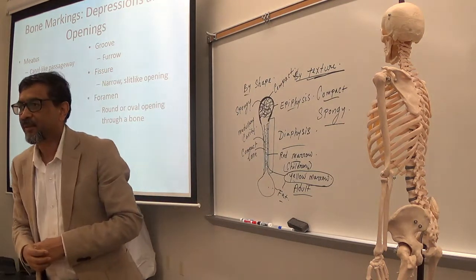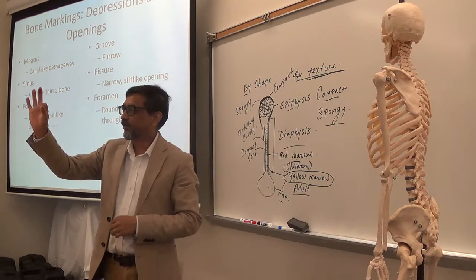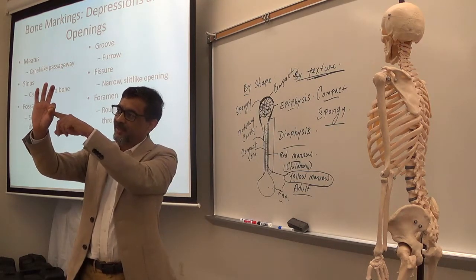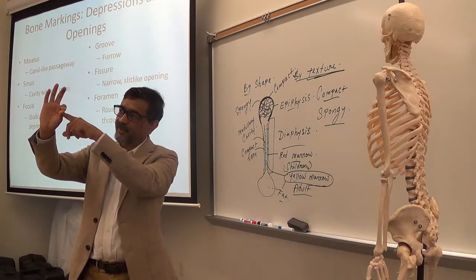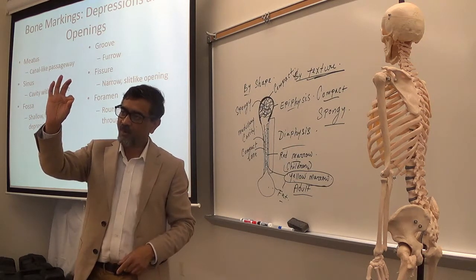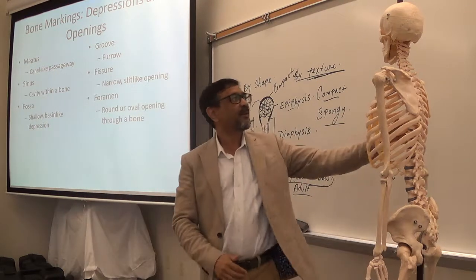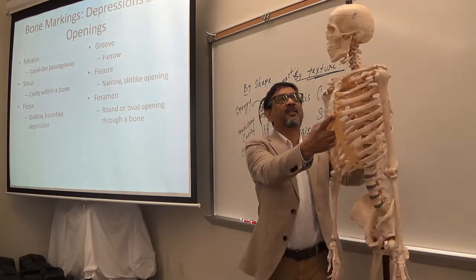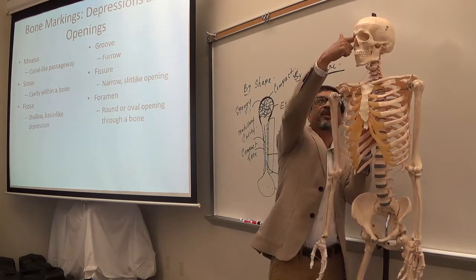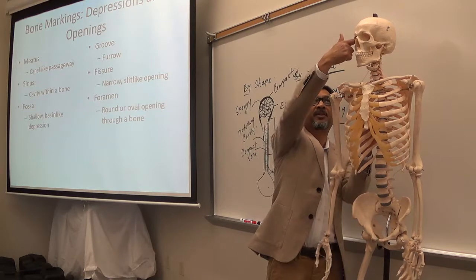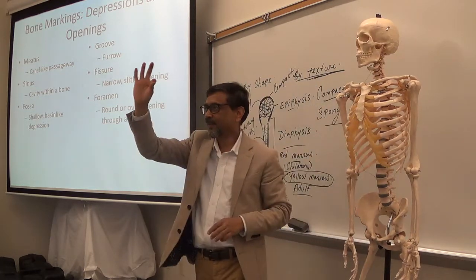Fissure, an opening in the bone. If the opening in the bone is elongated like this, that is called a fissure. Not round. This is a fissure. Make sense? A good example: when you see the skull, you see the superior and inferior orbital fissures, like this.